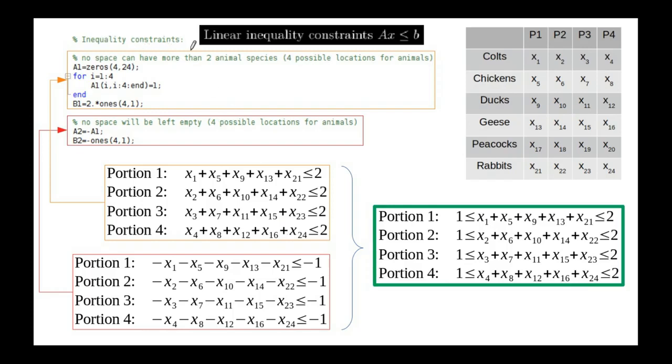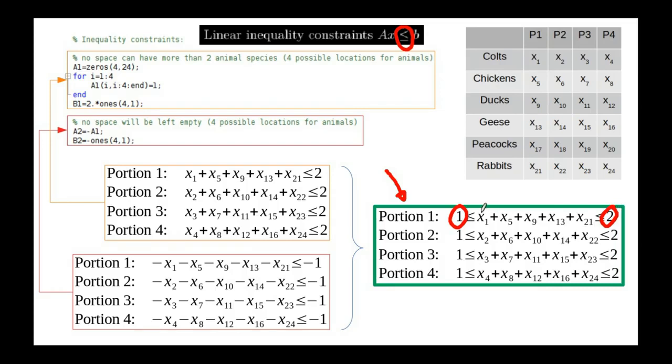What about the inequality constraints? The linear inequality constraints are of this kind. But as you can see, for every portion of land, I have a minimum of 1 species and a maximum of 2 animal species.